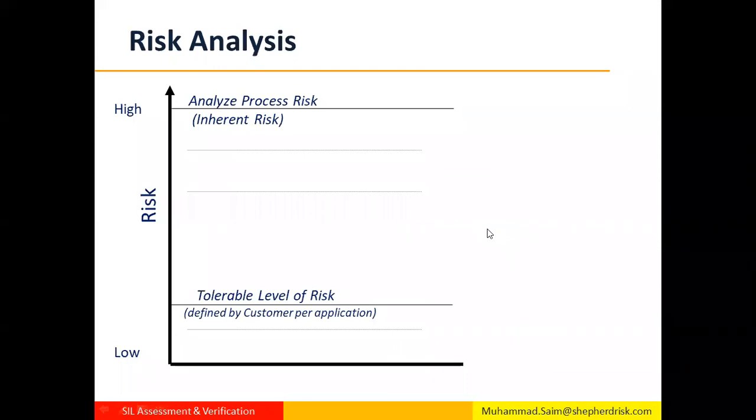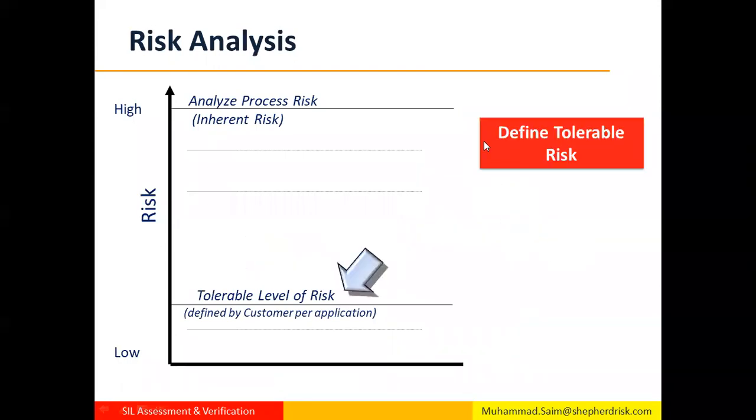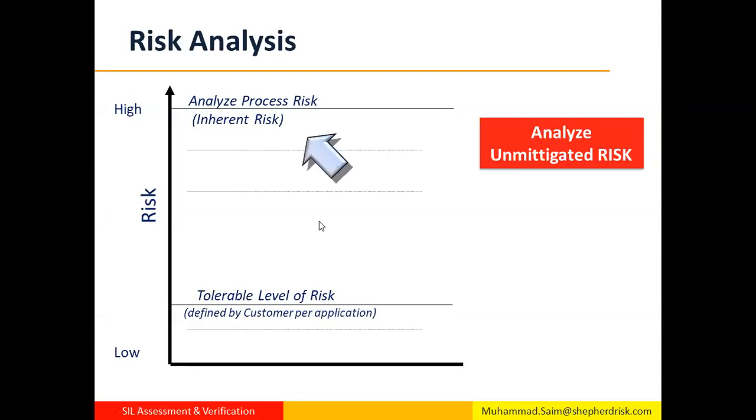All right, so what we do in a risk analysis, we define our tolerable level of risk, and we analyze the inherent risk. That is the risk without taking credit of any safeguard.